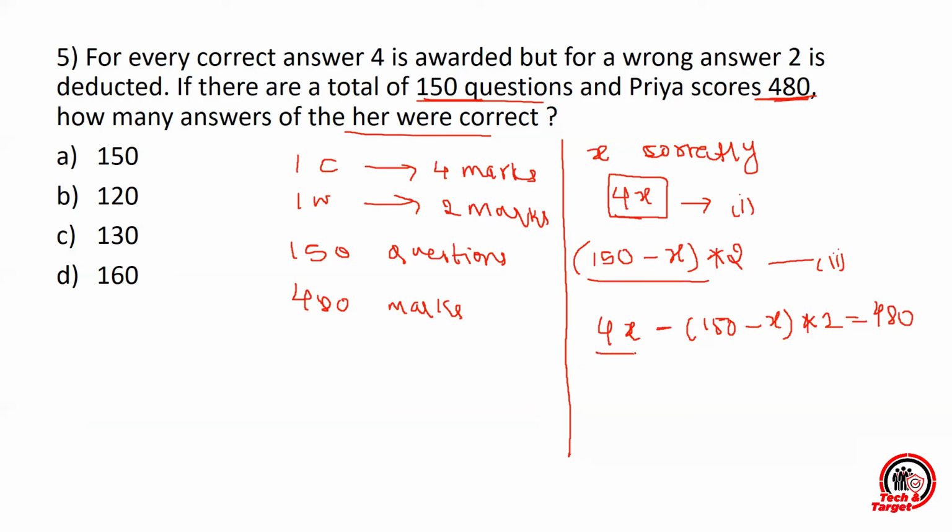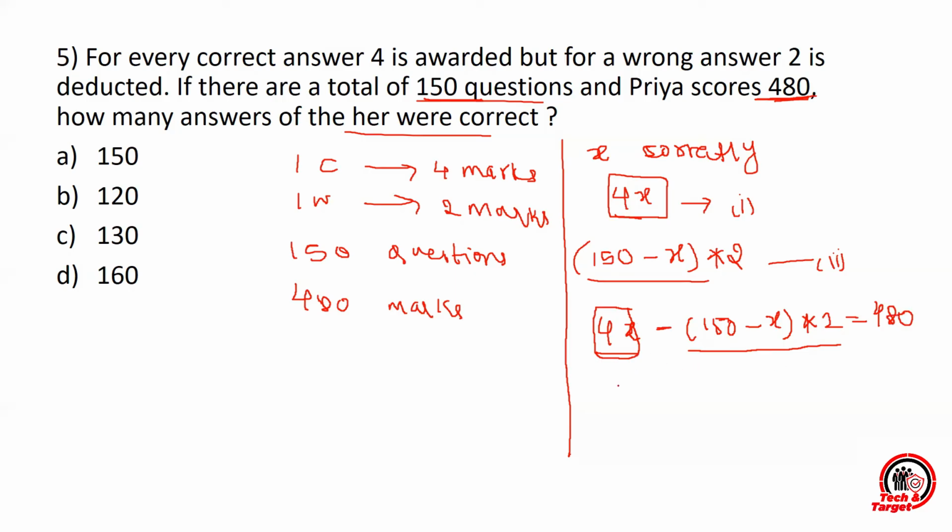If we subtract 2 times the number of questions that were solved wrongly from the x questions solved correctly multiplied by 4, because we get 4 marks for each correctly answered question, then she will be getting 480 marks. So this is what we are doing here.